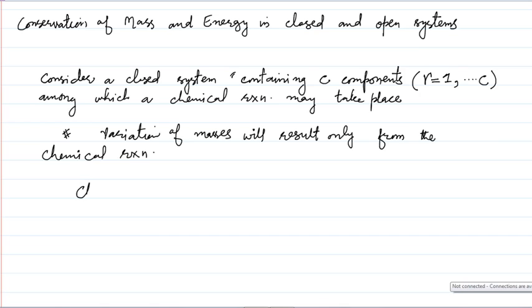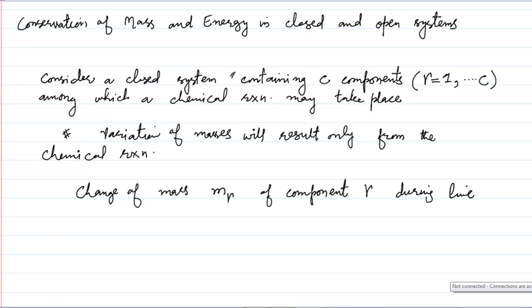So the change of mass, suppose mass is represented by small m and of this gamma, that means the change of mass of suppose component gamma during suppose time interval dt will be simply given by this relation, which is change in mass of the component gamma will be equal to mu gamma.